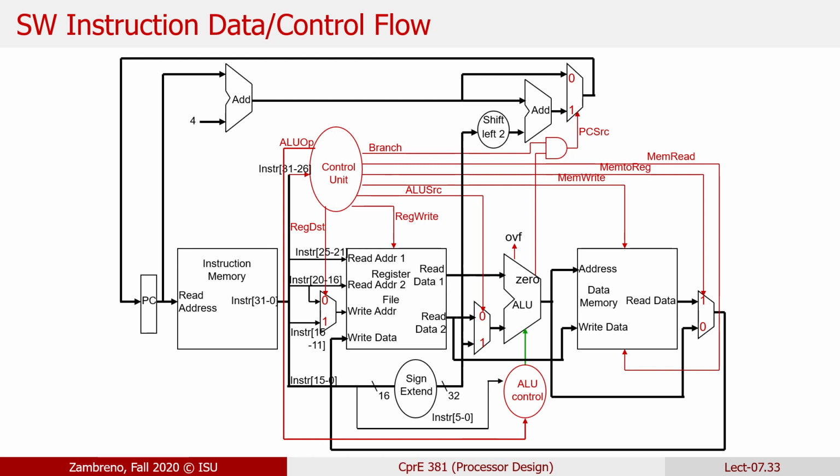What would be important for you is that by the end of today, this should be a pretty quick exercise in terms of looking at an instruction and understanding the control signals for that instruction, both in terms of, we'll call it the textbook implementation, and then over the next couple of weeks, for your own team's implementation, because the control schemes will be different. Everyone's signals are going to be named somewhat differently.